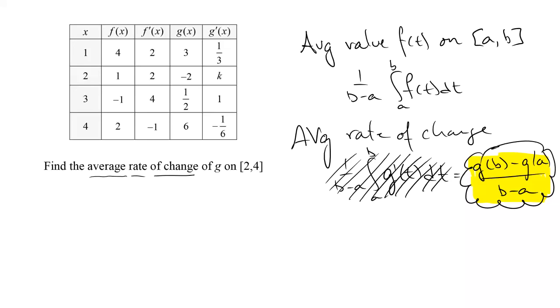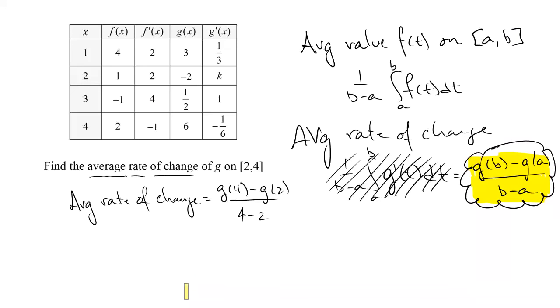Moving to the problem at hand, we want to find the average rate of change of g on [2, 4]. So the average value of g prime is going to equal g of 4 minus g of 2, all divided by 4 minus 2.